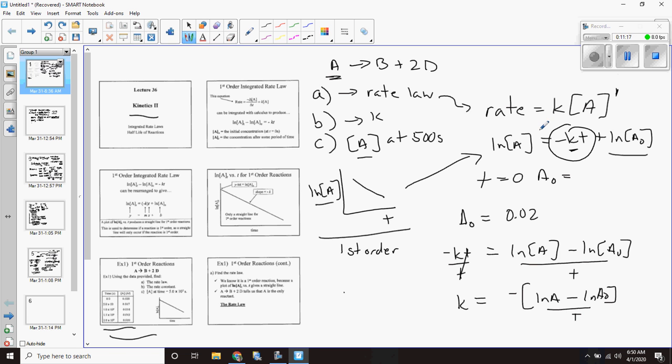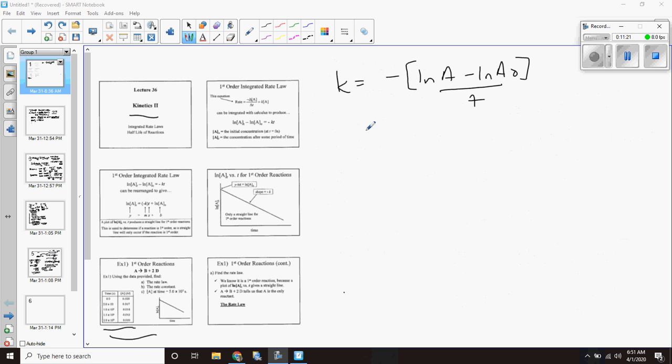So let me pause and make some room. Okay, so here's our expression. So we're going to say k equals the negative of. So we're going to pick the concentration at time 50 seconds, which looks like the concentration is 0.017. So we need the natural log of 0.017 minus the natural log of a0, which is 0.02.